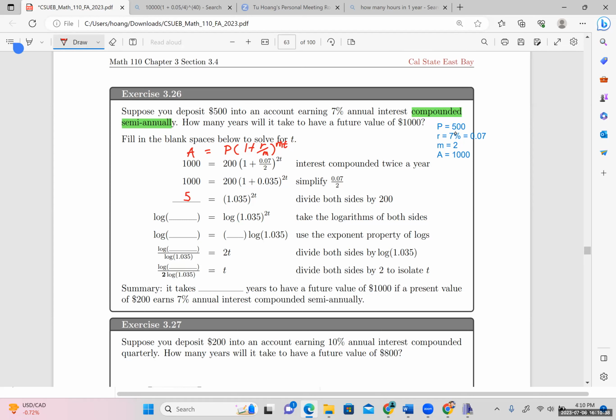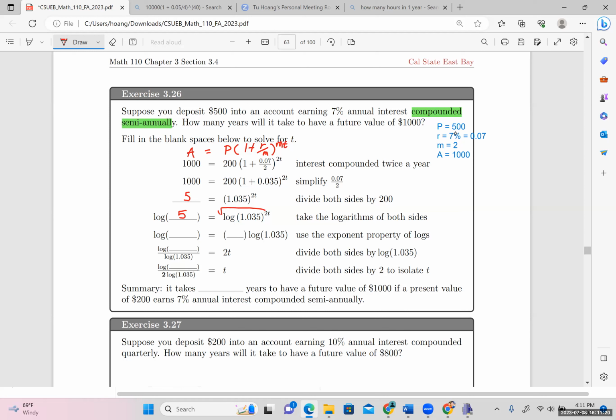And then I take log of both sides. Again, you can do natural log or log of both sides. That's fine. So take log in this case, because if you don't see the e, you can do natural log or log. Both work, but in the case you see the e, I really recommend the natural log. Okay, so I have log of 5 equal to log of 1.035 raised to 2t.